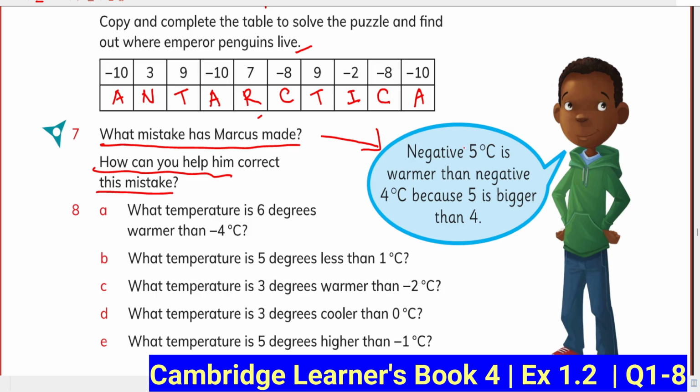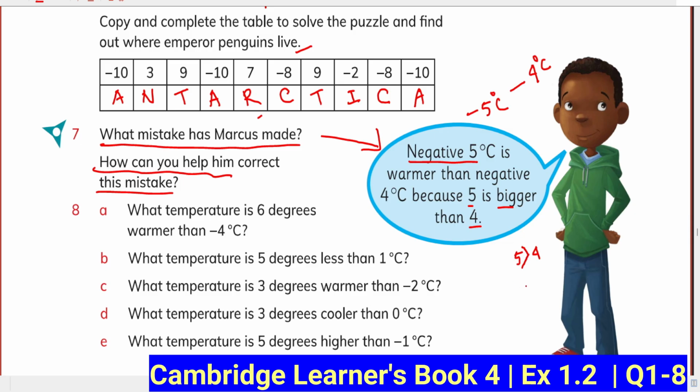Marquis is telling negative 5 degrees Celsius, it means minus 5 degrees Celsius is warmer than minus 4 degrees Celsius, because 5 is bigger than 4. But here is a mistake. 5 and 4, if you compare as digits, in that case 5 is really greater than 4.